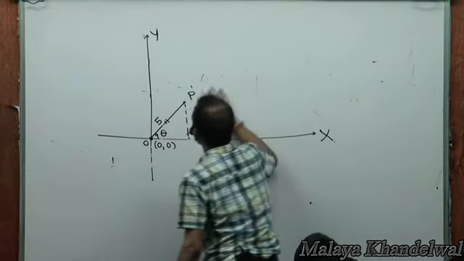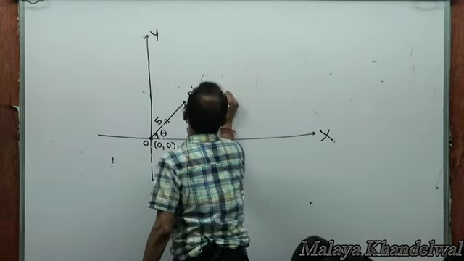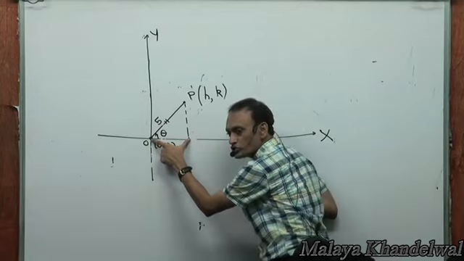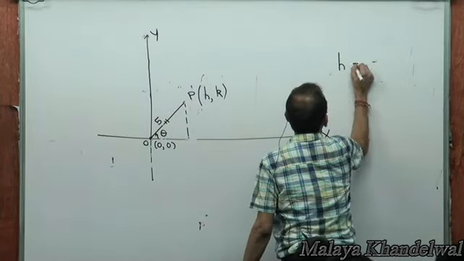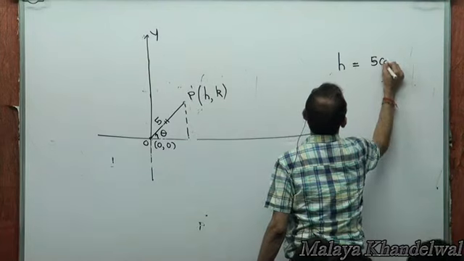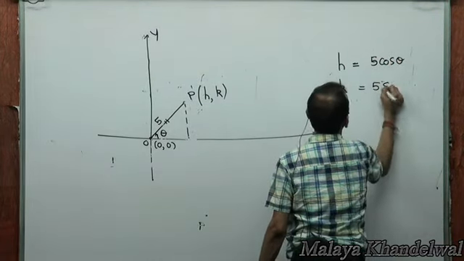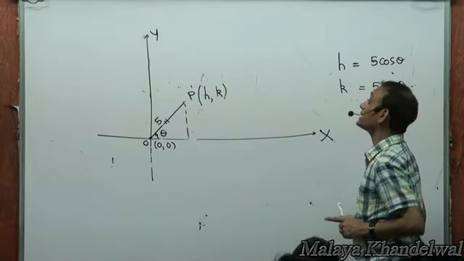So, at a given instant of time when the parameter is theta, let's say P has coordinates h comma k. Then do you realize h would be 5 cos theta and k would be 5 sin theta? Now what is it that I'm trying to do?